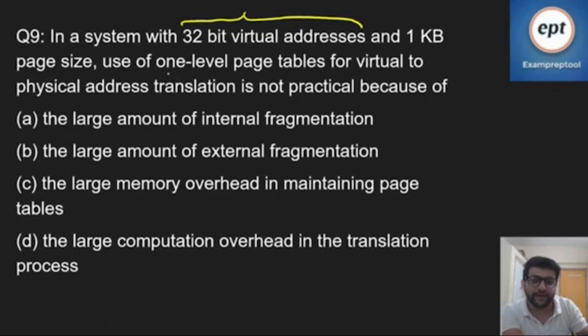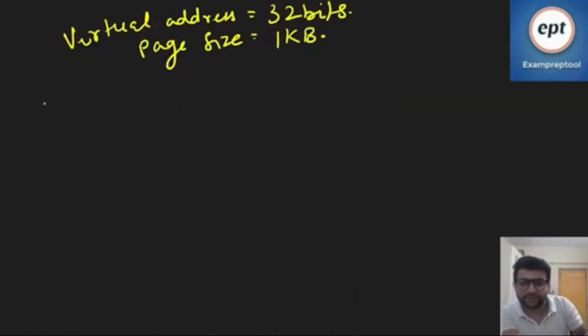Also, we have been given that they are using one level of page table. So there is a single level paging for virtual to physical address translation, right? They are saying that use of one level paging is not practical in this particular scenario because of. So let's see.